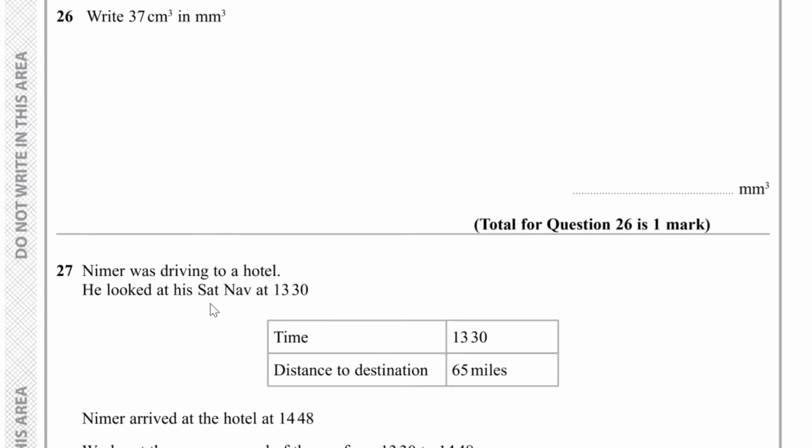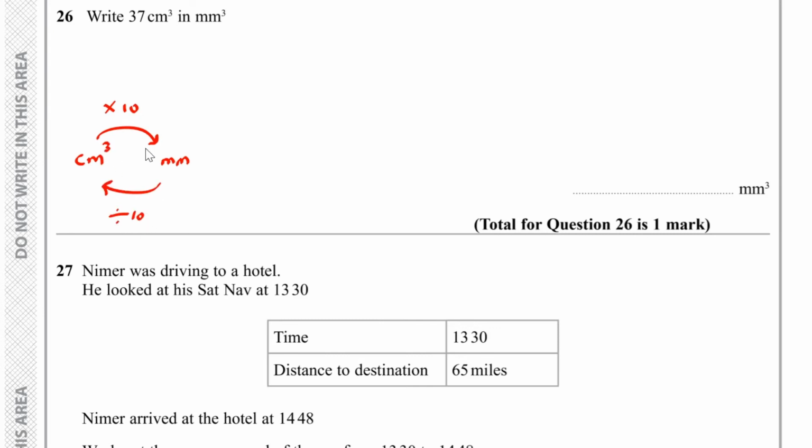Now question 26, we have to write 37 centimeters cubed in millimeters cubed. So to do this question, what we need to recognize over here is that to go from centimeters to millimeters, we normally multiply by 10, and to go from millimeters to centimeters, we normally divide by 10.